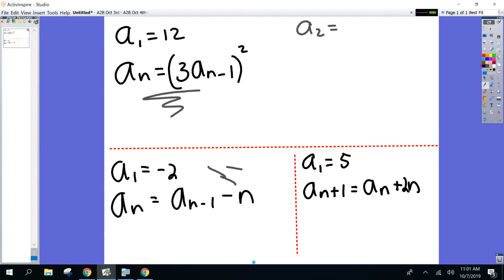Go ahead, Ashley. So 3 times, what's this, another term before? So 3 times, well, what's the term? No, the term before the second one. That's why I gave you guys the first term. The first term's 12, so I'm going to do 3 times 12 and then square it.